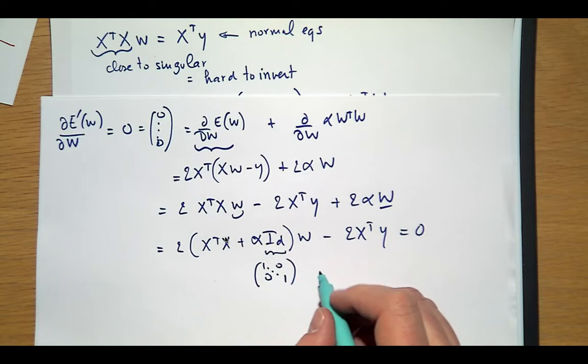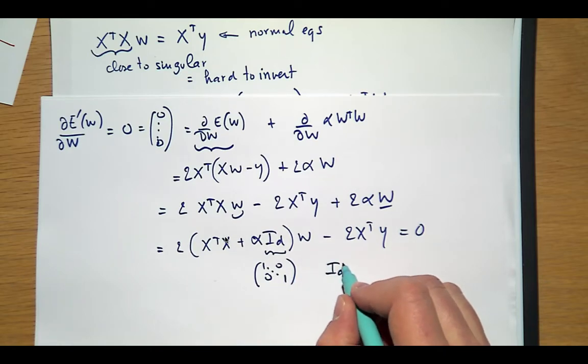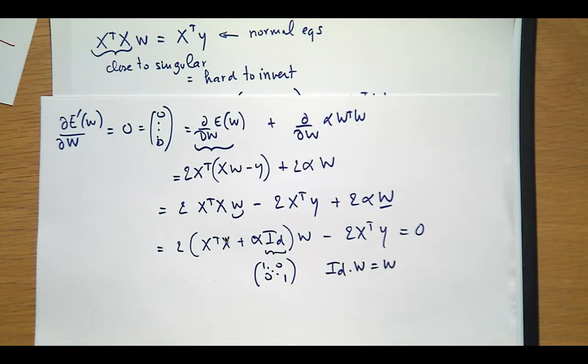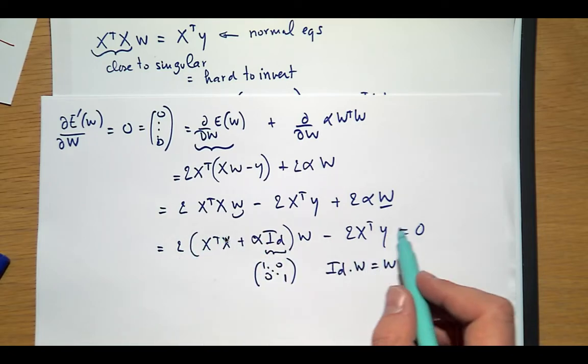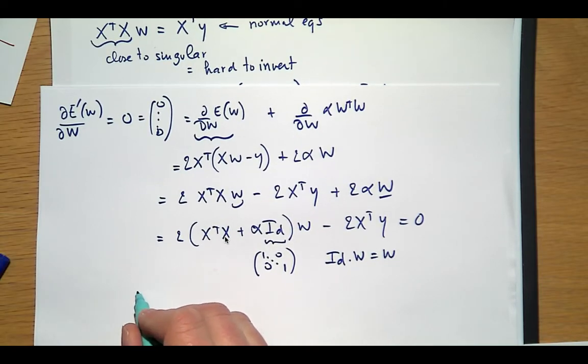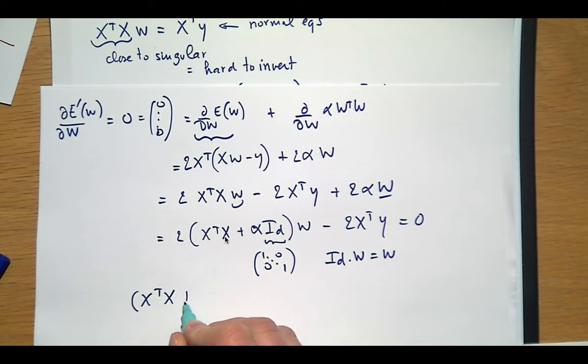When you multiply the identity matrix by W, you just get W. It's just the matrix that does nothing, like the equivalent of 1. So I just remove the 2's and put everything in the correct place, and basically you get an alternative expression for your normal equations.